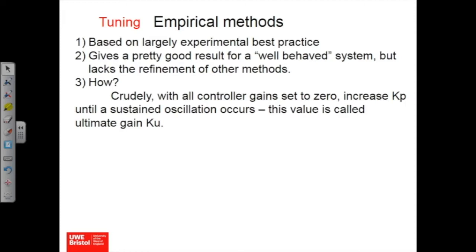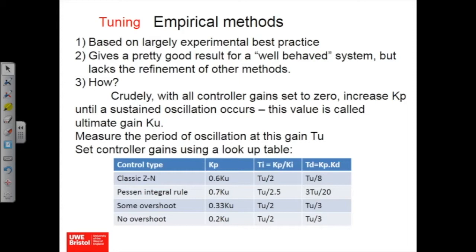And you write it down and you call it the ultimate gain, because it's the gain at which it just keeps oscillating. You also measure the period of that oscillation. Okay, so I've got into this constant oscillation and I measure the period and hence the frequency of that oscillation, and then you look up your cookbook.